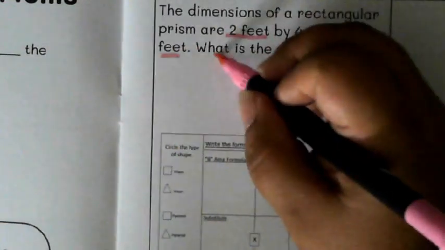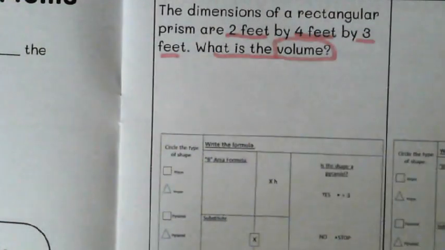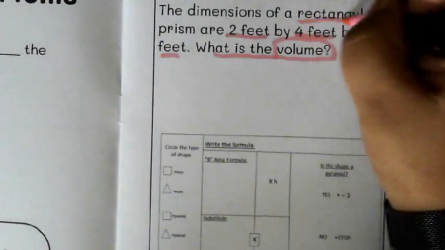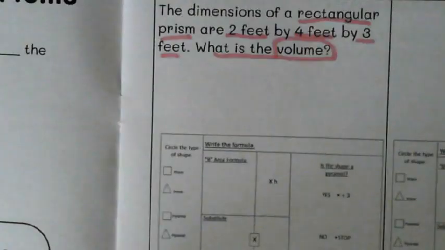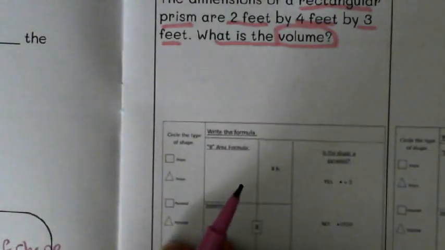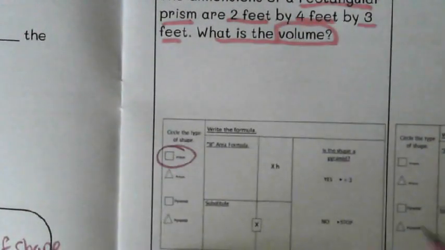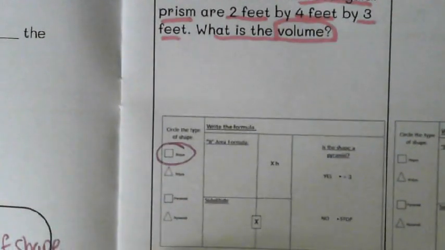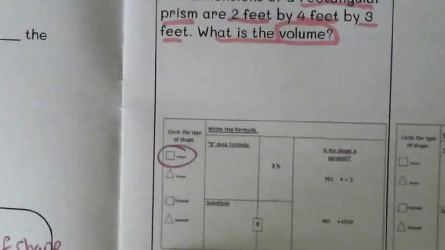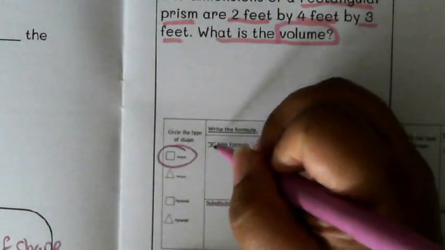And it's asking for the volume, okay? And it's also saying that it's a rectangular prism, okay? So this space that we have here is to help us break this down a little bit, okay? So here, we know that it's a rectangular prism, and it's asking you, I know it's a little bit hard to see on this video, but here, this says big B area formula.